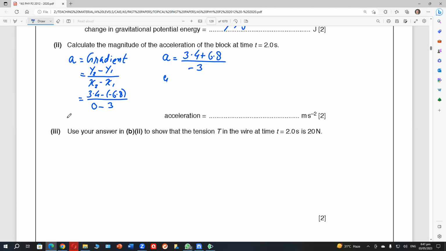It should be coming negative. Can you repeat the value, please? It is minus 3.4.